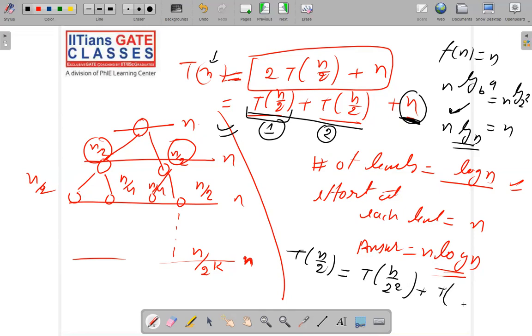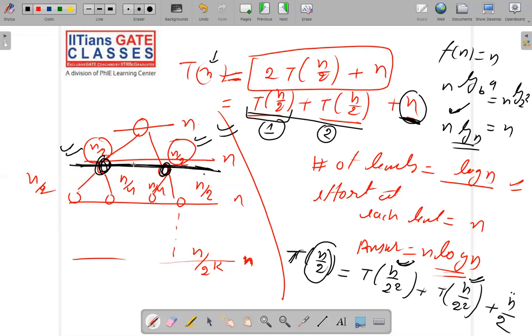So at the second level, you have two recurrence relations, equivalent to two nodes. The effort for each n by 2 is n by 2, and the sum is n. I hope this clarifies your doubt.